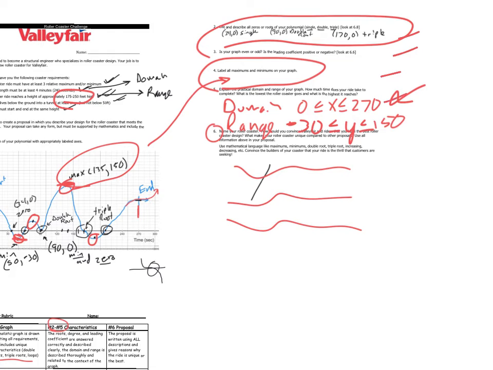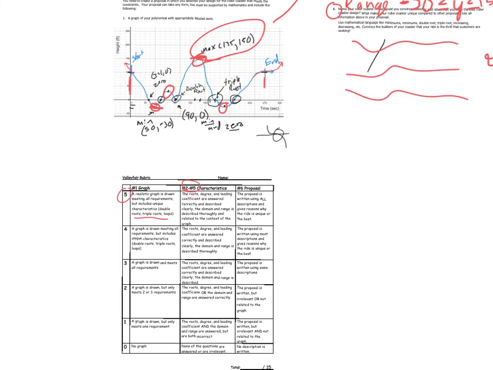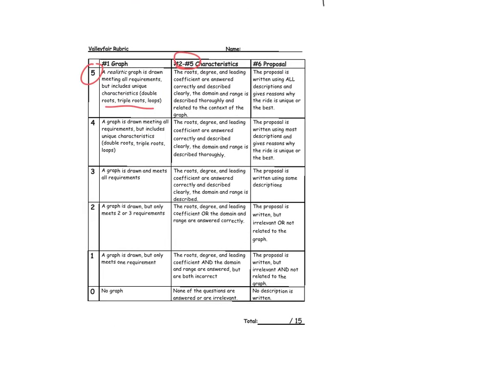You answered all these questions, and you also had it in the writing portion, labeled on the graph. The roots, degrees, and leading coefficient are answered correctly and described clearly. The domain and range is described thoroughly and related to the context of the graph. So all of that's in there too.